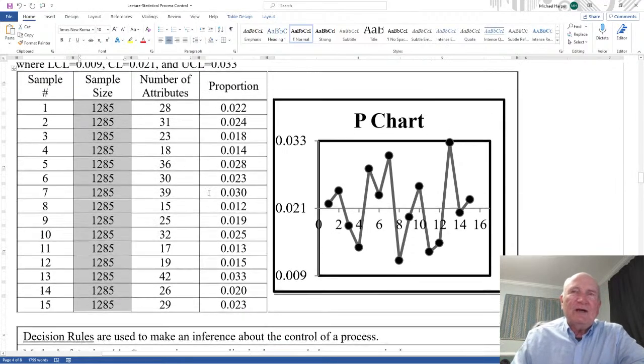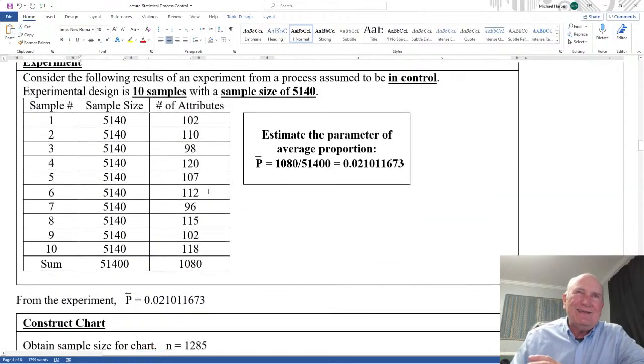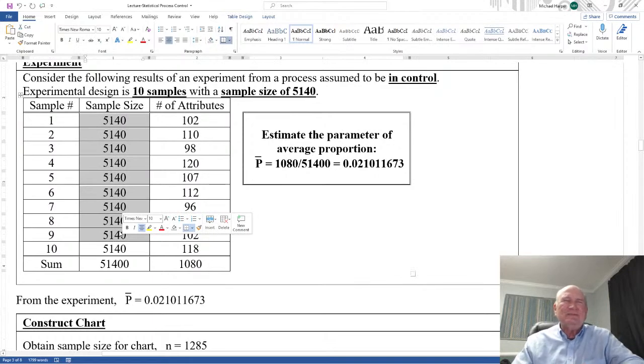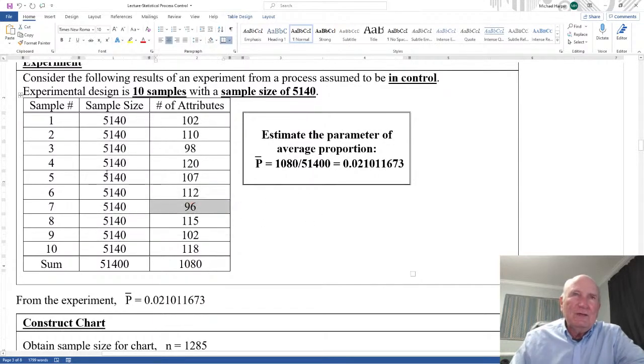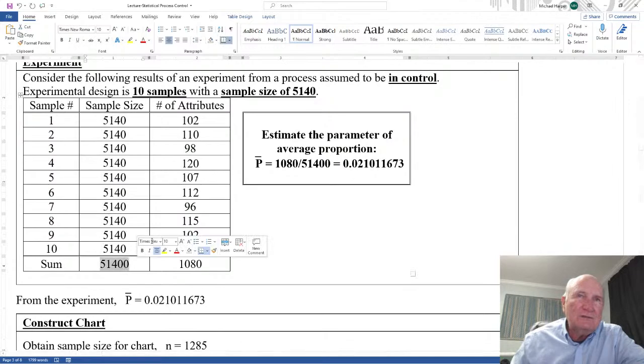I want to save the company money. So up here in this experiment, I'm not going to take this many samples. I mean, it's just way too expensive. And so I want to save the company money. So I'll take 10 samples, but I think each sample might have 100 in it. So I might have 1,000 and that's all.